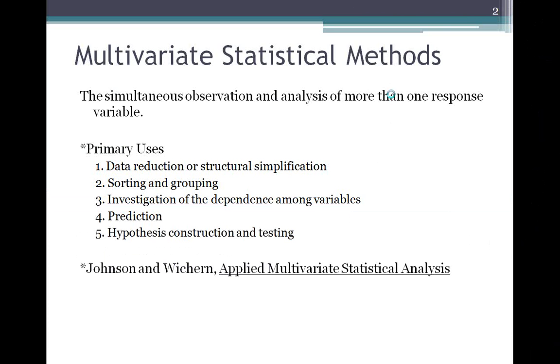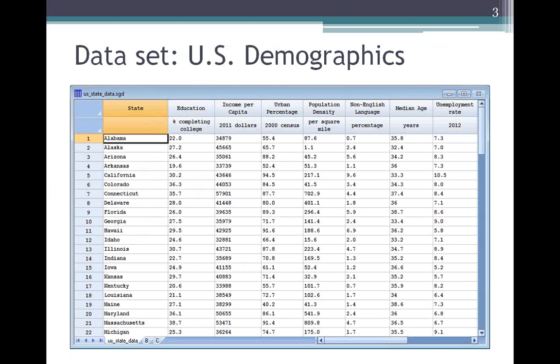Now, the data set I'm going to be looking at today has to do with the demographics of the 50 states that comprise the United States of America. Last webinar, about a month ago, I looked at demographics for various countries around the world. And there were about 170, 180 countries.